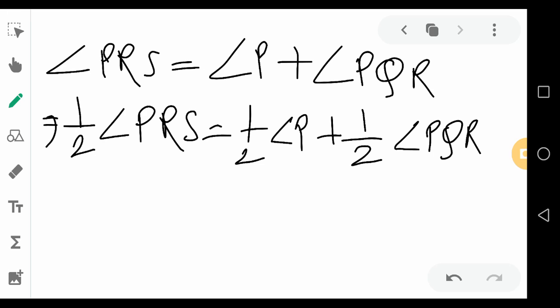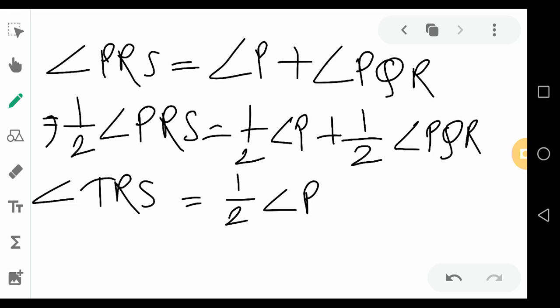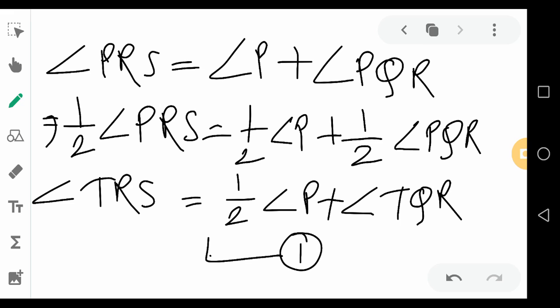So instead of half PRS, we can write angle TRS. So TRS is equal to 1 by 2 angle P plus, instead of half PQR, we can write angle TQR. Let this be equation number 1.